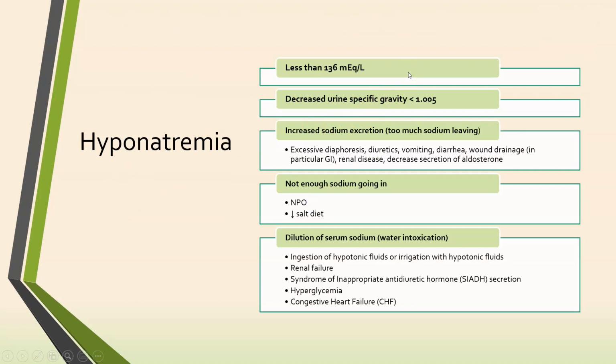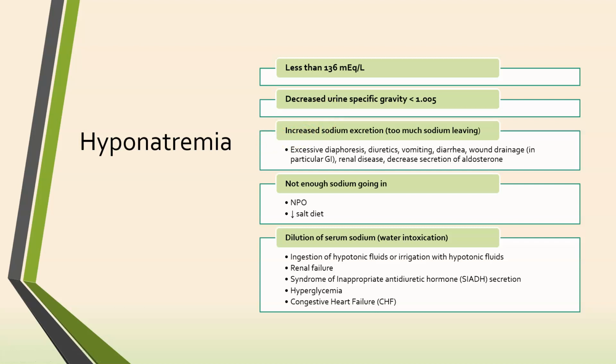So this gives another breakdown of hyponatremia. Again, know your lab values: less than 136. You will typically see a decrease in specific gravity. This could happen with increased sodium excretion, when too much sodium is leaving the body.